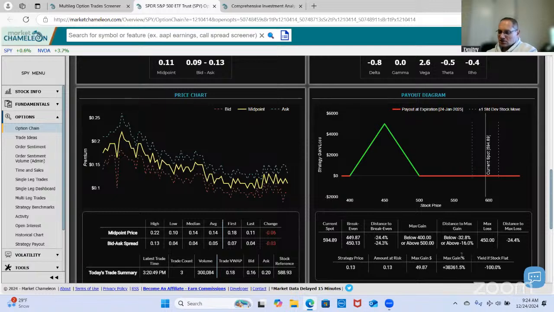So this has basically a bearish outlook from here. And that's the butterfly here. If you have those legs, you want it to go down, right, closer to that 450 strike.